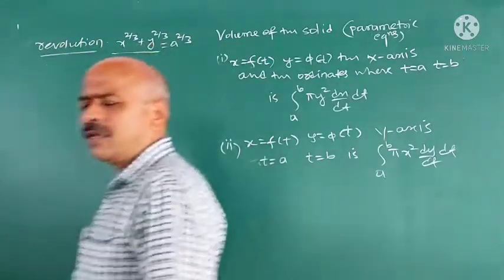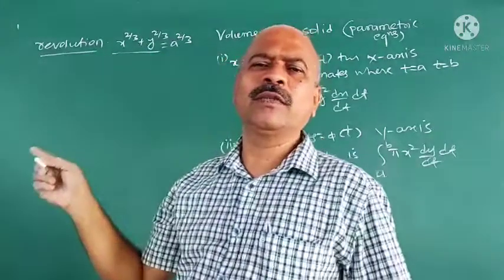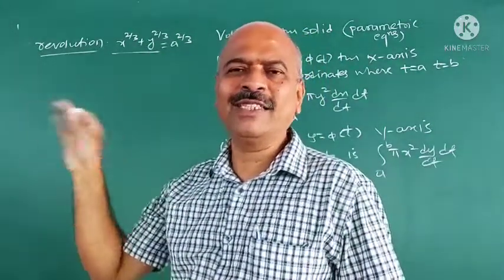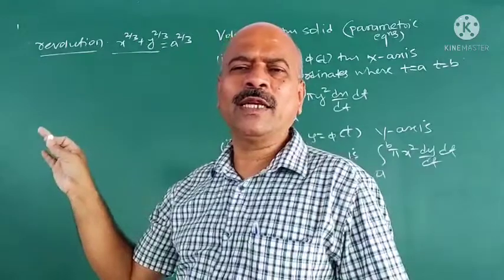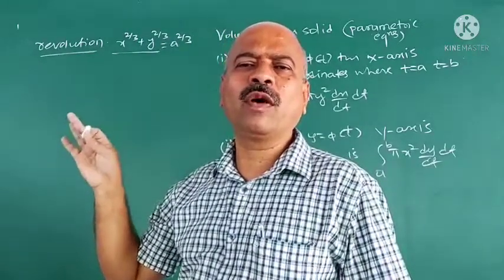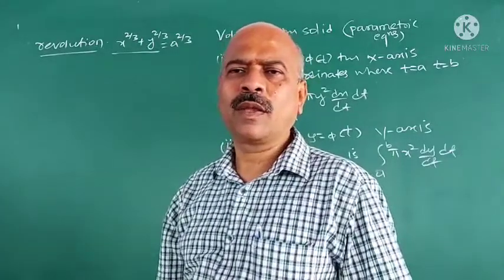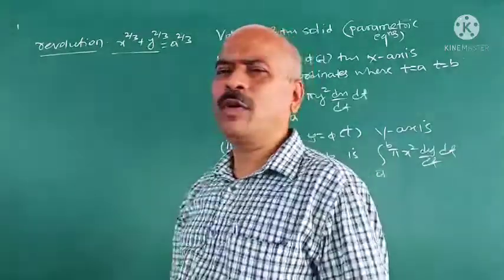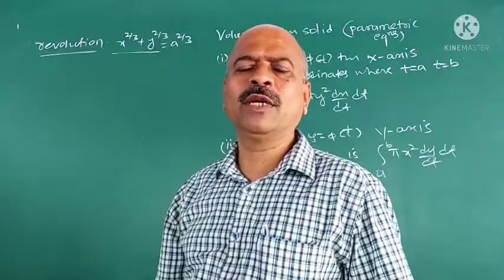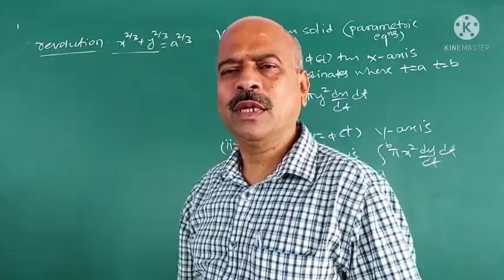See here, the Cartesian equation is given, but if you take the corresponding parametric form, the problem will be very easy. In the Cartesian form, the application of the formula becomes lengthy.